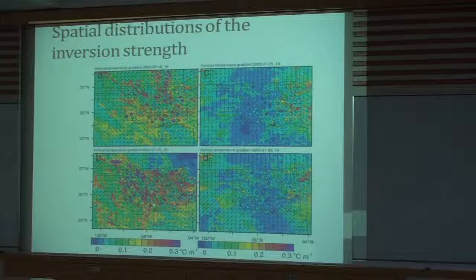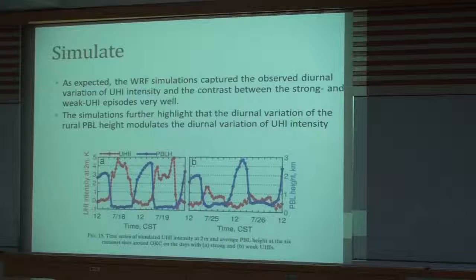We see that this inversion strength and temperature signals also match quite well with the UHI intensity. It makes the authors think that the inversion strength can be an index to indicate the strength of the UHI intensity.